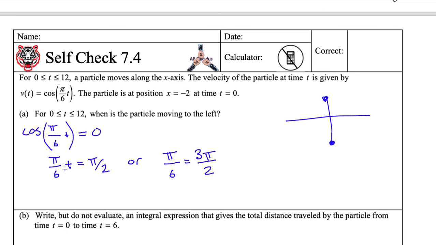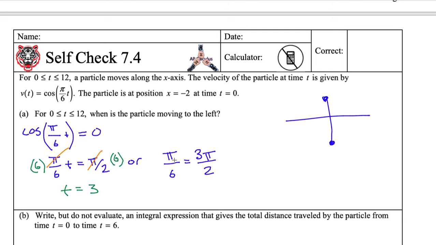Okay, so from there, I'm going to divide both sides by pi. I love canceling out pies. And then from there, I have 1/6t is equal to 1/2. So I multiply both sides by 6, and I get t by itself is equal to 3. So that's one of the values where it crosses.